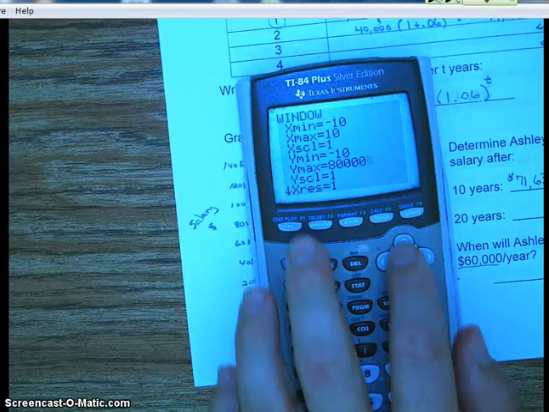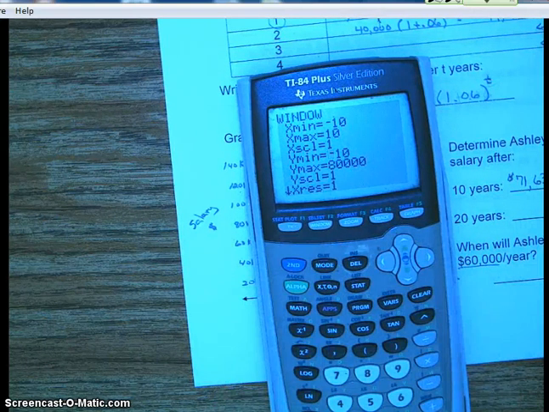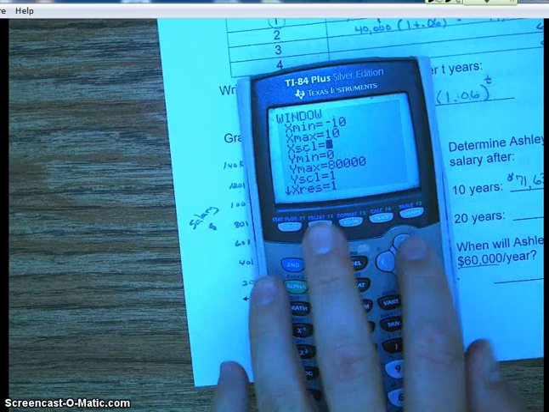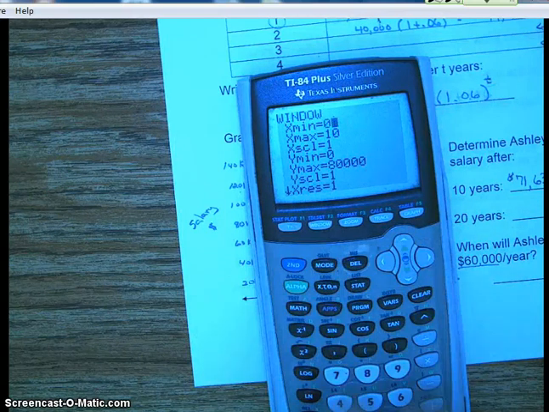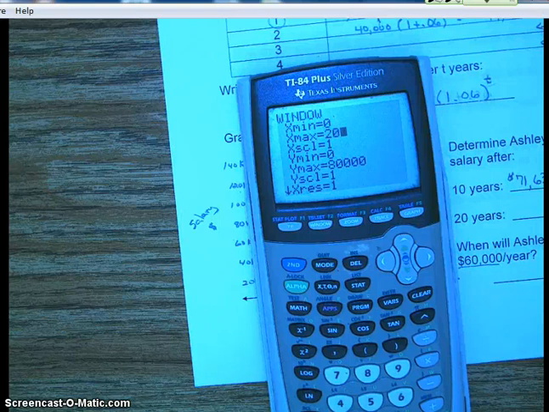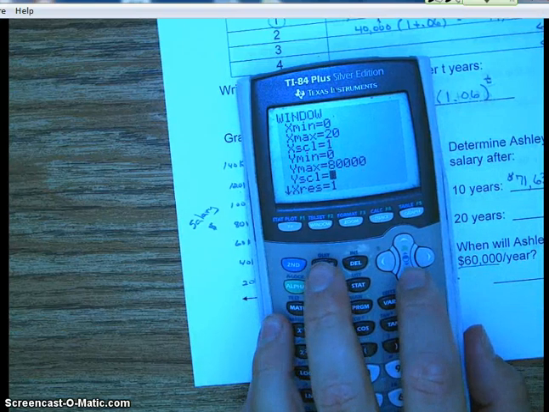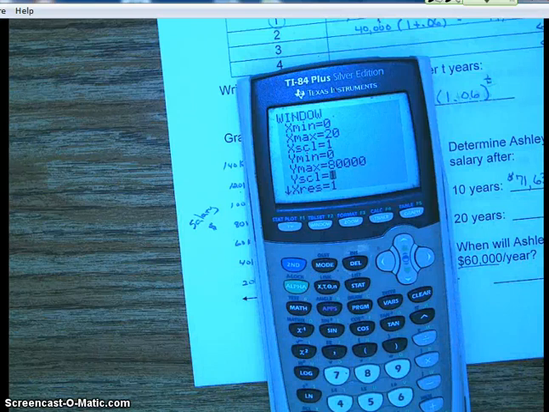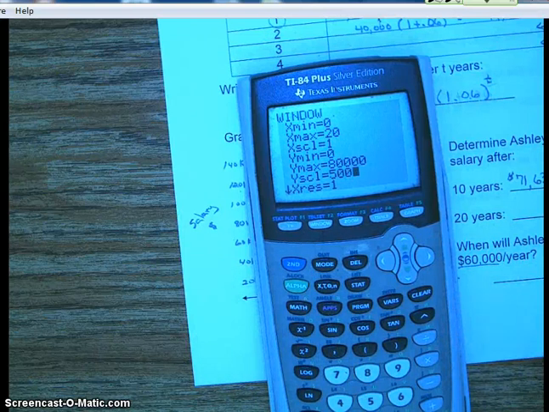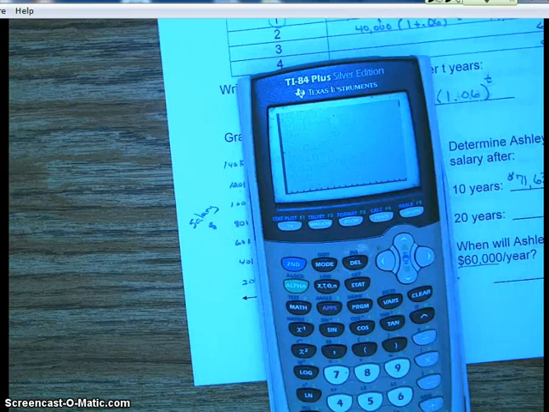We wouldn't have a salary less than 0. Years, 0 to, let's say, 20 years. Scale is good, 0 to 20. But this one, I think I'll change to 500. Count by 500s.